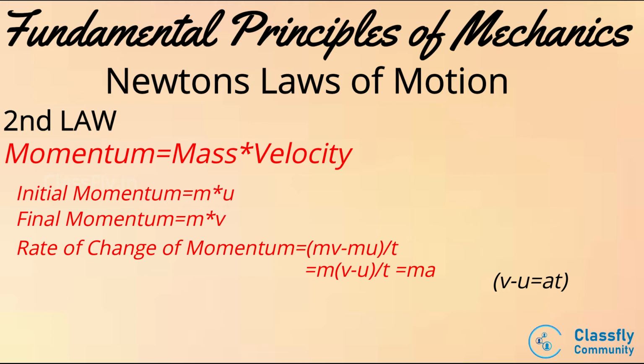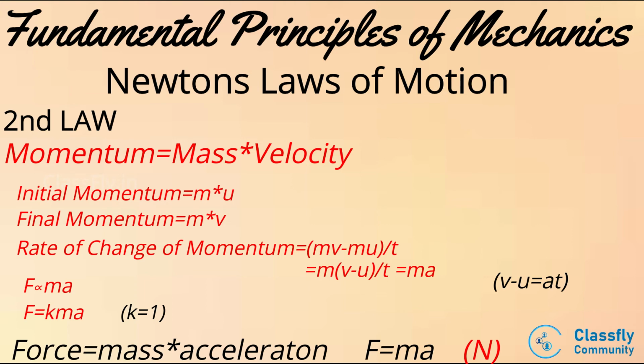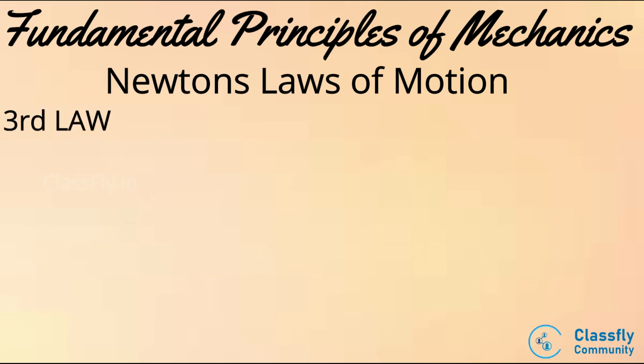From the second law, we know that force is directly proportional to the rate of change of momentum. Hence, F is directly proportional to ma, or F equals k into ma, where k is a proportionality constant. Here, the value of k is assumed to be 1. Hence, from this we get the formula force is equal to mass into acceleration. Its unit is Newton.